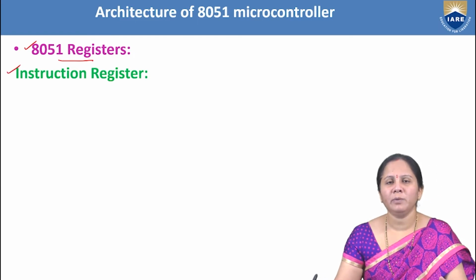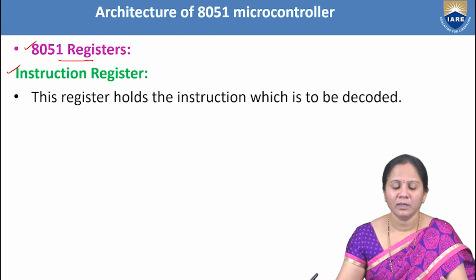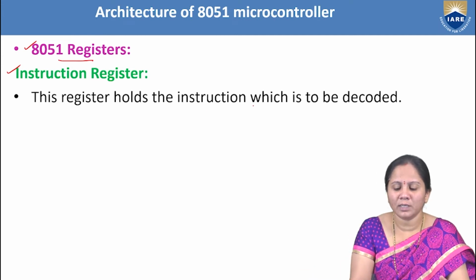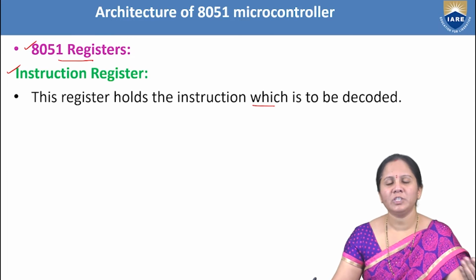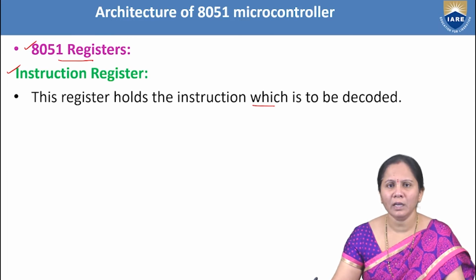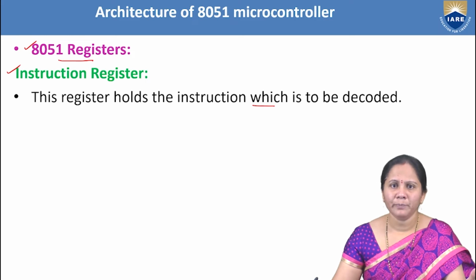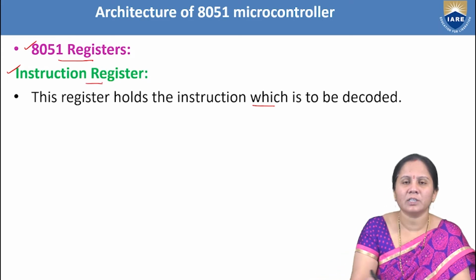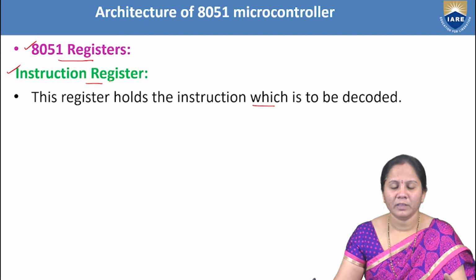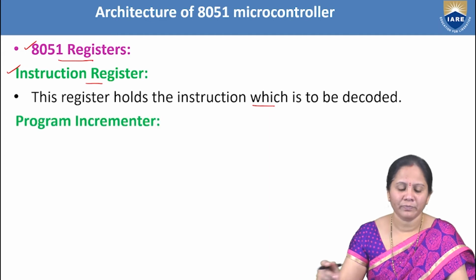What is the main purpose of this instruction register? This register holds the instruction which needs to be decoded. After fetching the instruction, it will be placed in the instruction register. In order to decode that particular instruction, it will be taken from this instruction register and then decoded.